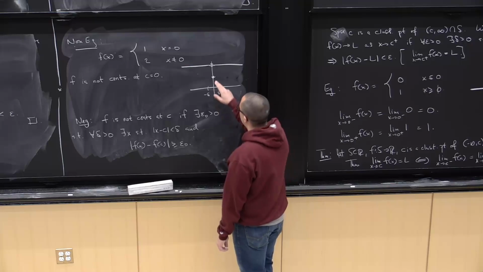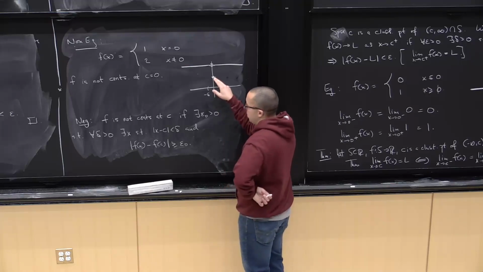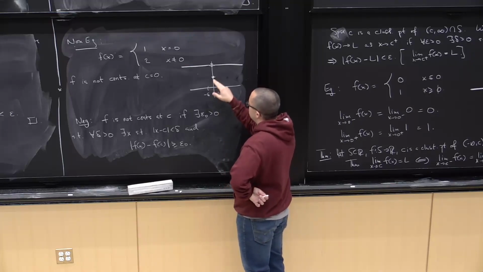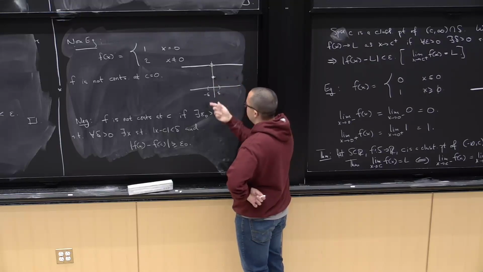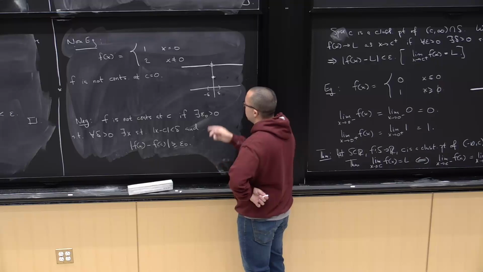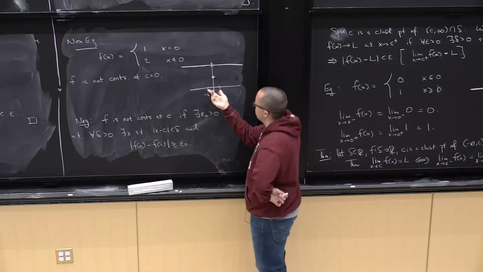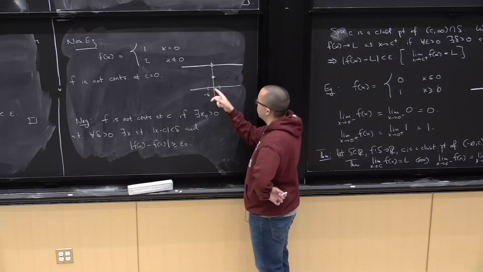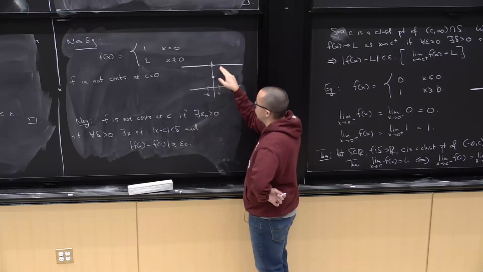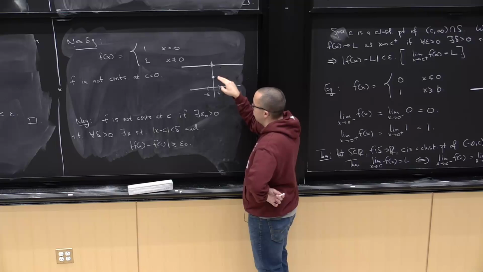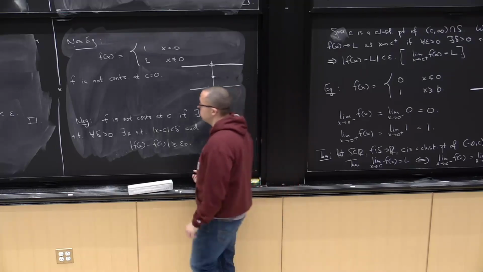Okay? Now, what would be the bad epsilon so that the distance from f of c to f of x is greater than or equal to epsilon 0 for some x in this interval? Well, if I take any x in this interval other than 0 and stick it into f, I'm going to get 2. And that's greater than or equal to distance 1 to f of 0. All right, so epsilon 0 I will choose to be 1.